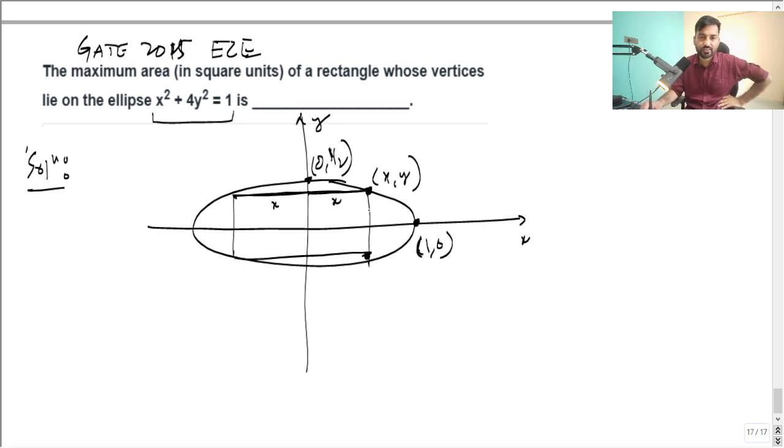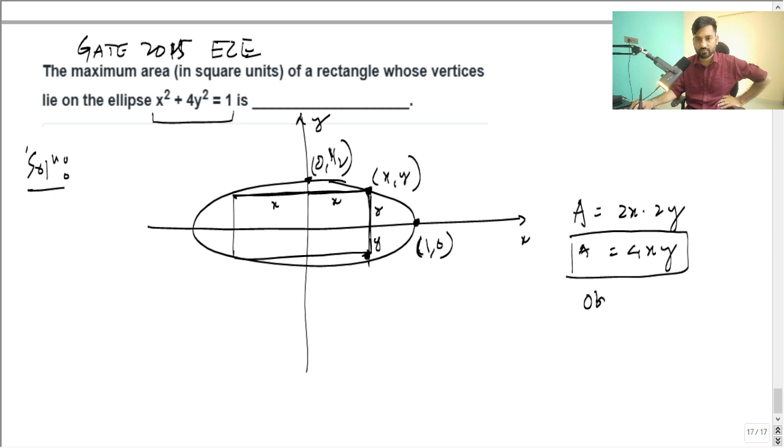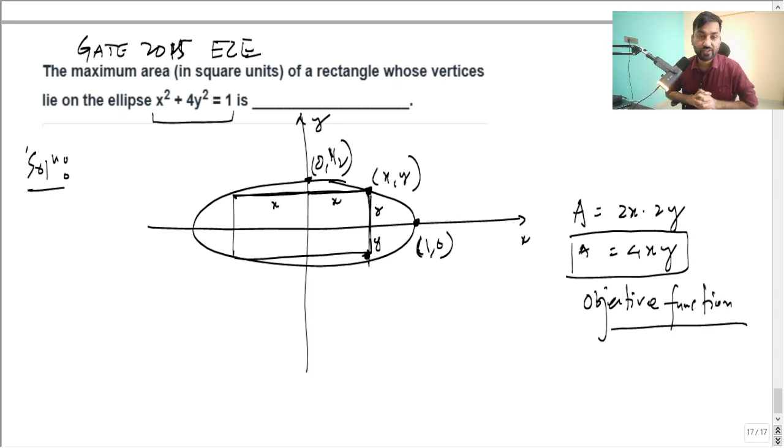That is 2x, and this is going to be 2y. ये 2y हो जाएगा. So the area A is going to be 2x times 2y, which is nothing but 4xy. So your A is going to be the objective function. ठीक है? A will be the objective function here.